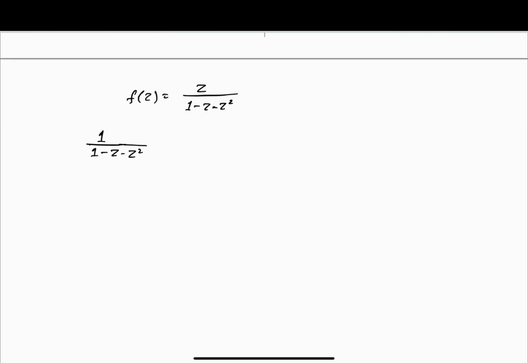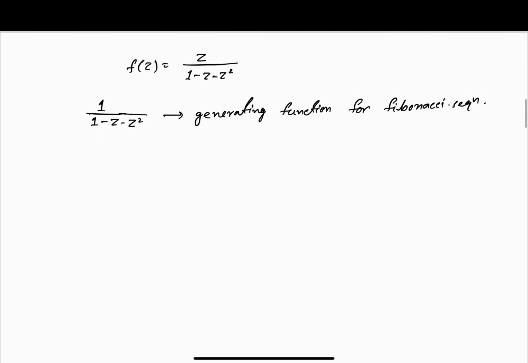So this will be the generating function for the Fibonacci sequence. So what is this Fibonacci sequence?